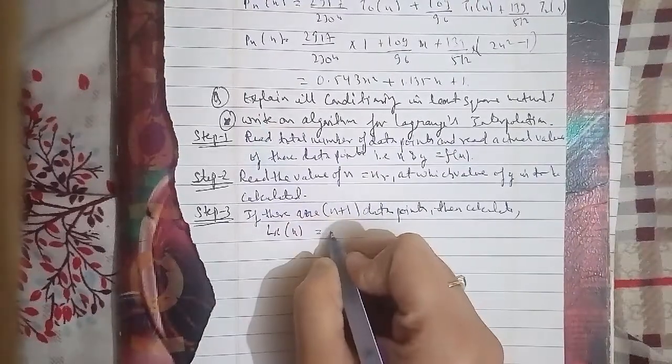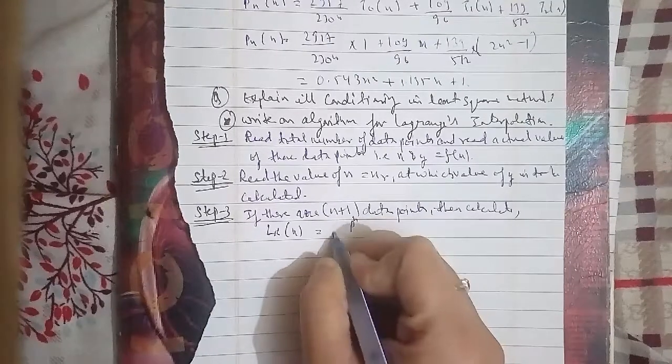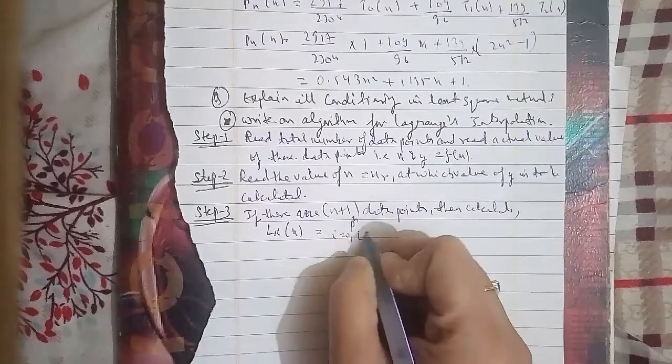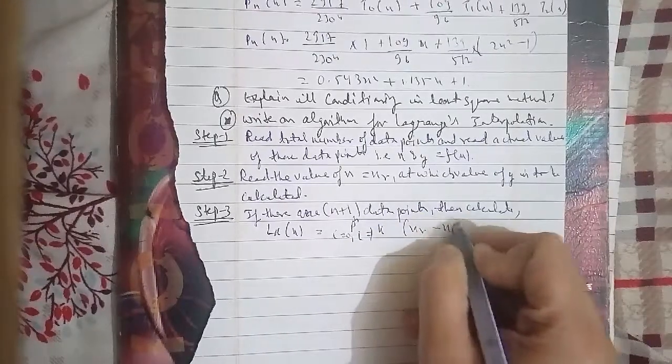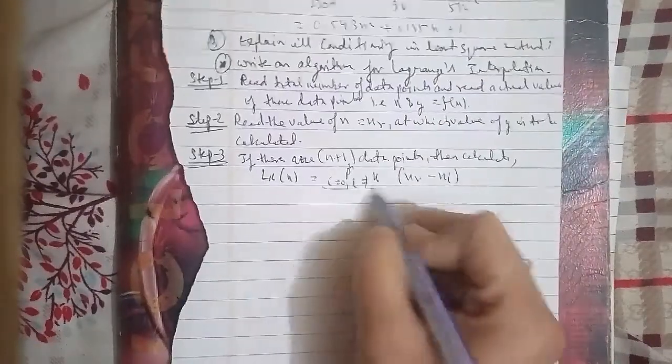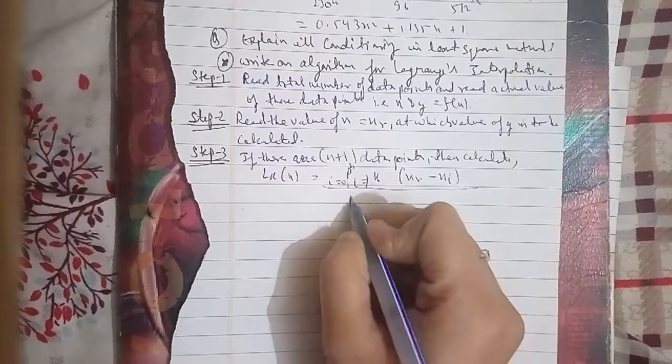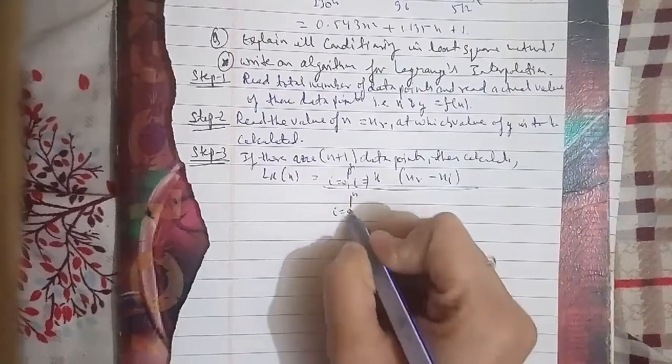Then calculate yr equals to the sum from k equals to 0 to n of yk Lk(x).